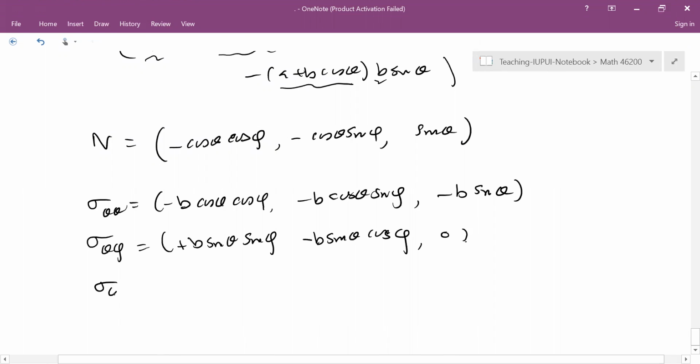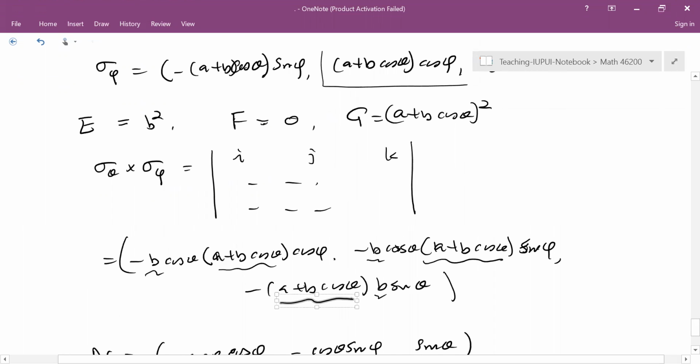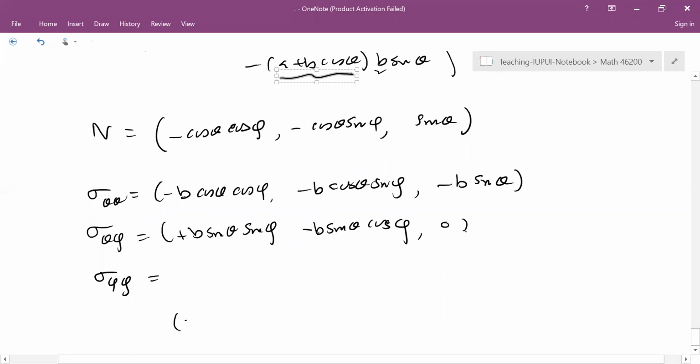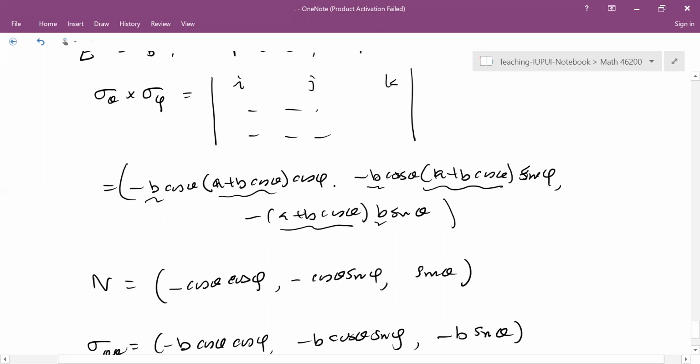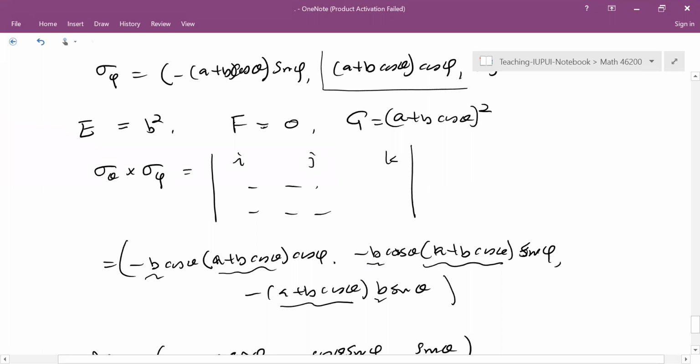Sigma phi phi. Let me compute. So this will be negative. So it's negative a plus b sine theta, and sine becomes cosine, and then cosine becomes sine.